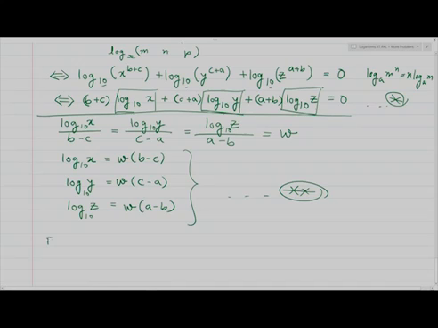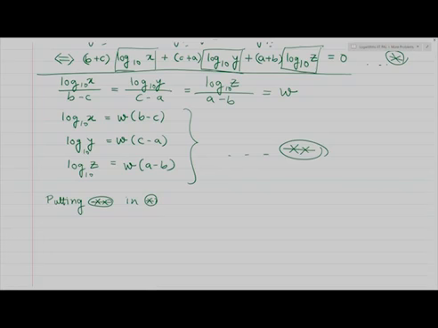So putting double star in star, what do we get? So it's b plus c times log to the base 10 of x, which is w into b minus c.